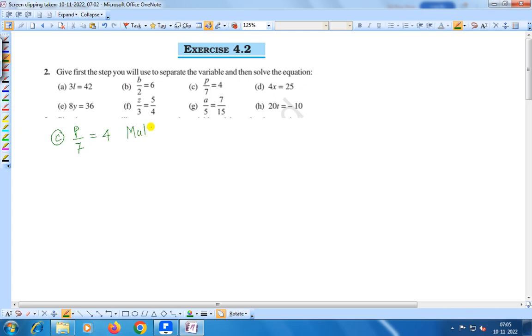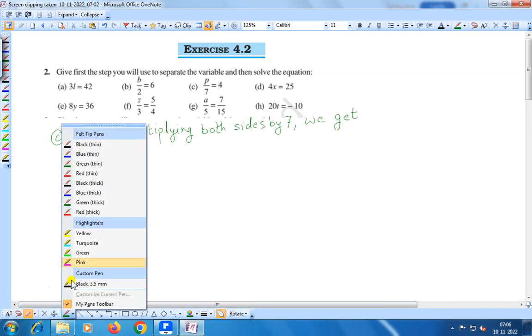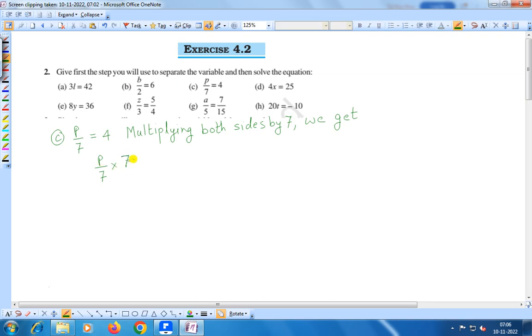Multiplying both sides by 7, we get P by 7 into 7 is equal to 4 into 7.